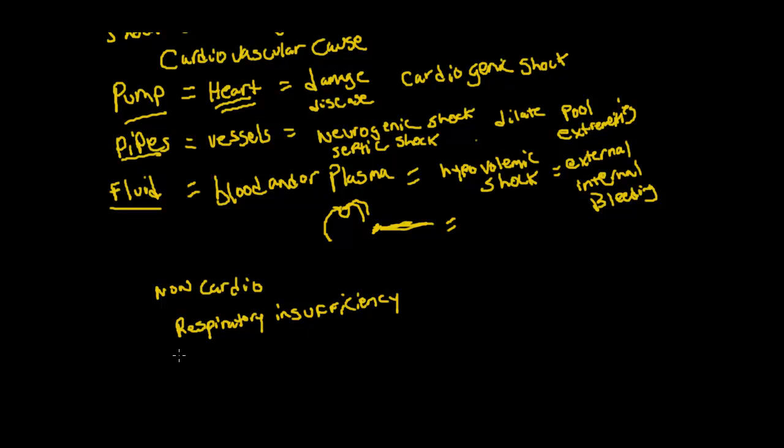Respiratory insufficiency can happen as a result of anaphylactic shock. So maybe somebody gets stung by a bee, or they eat something they're allergic to, or they come in contact with something they're allergic to.